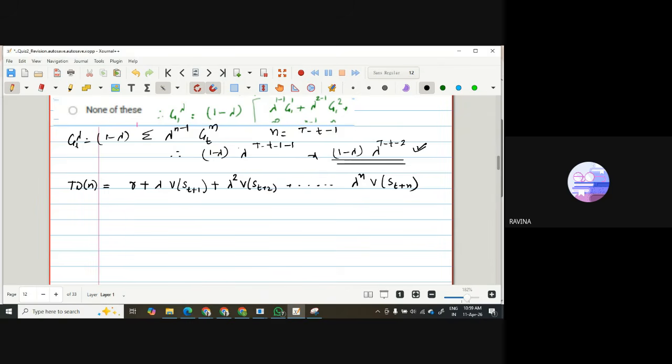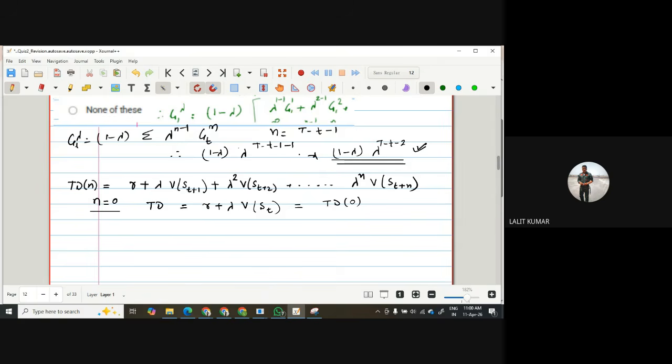Yes, the formula is this only. So when n becomes 0, your TD becomes R plus gamma into V(S_t). So this is nothing but TD0. I will cover some other important points which might come in the question paper.